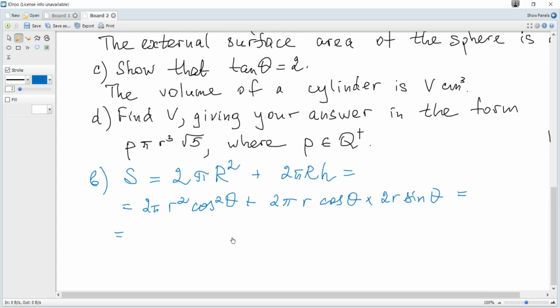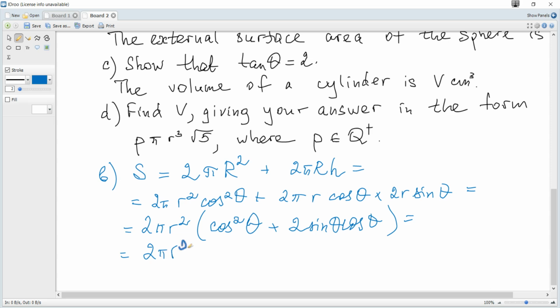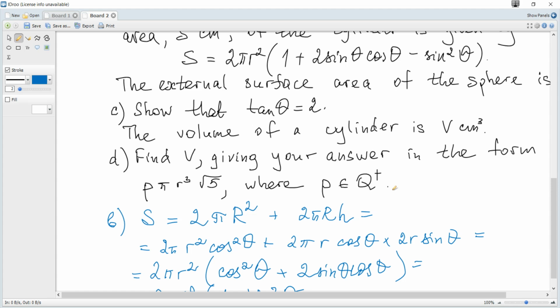Hence we can factor out 2 pi r squared, and it becomes cosine squared plus 2 times sine times cosine, and using the main trigonometric identity, cosine squared is 1 minus sine squared, to get exactly what is required.